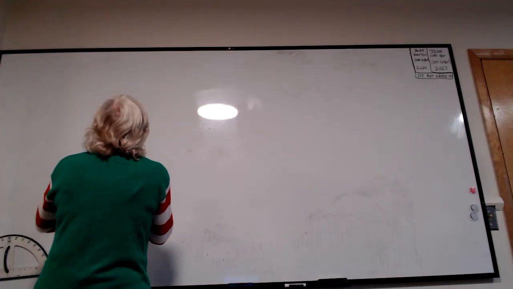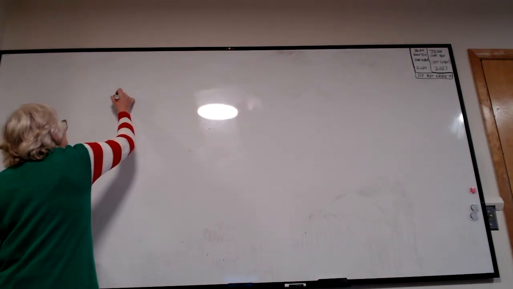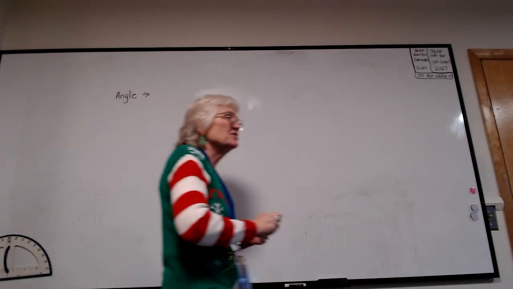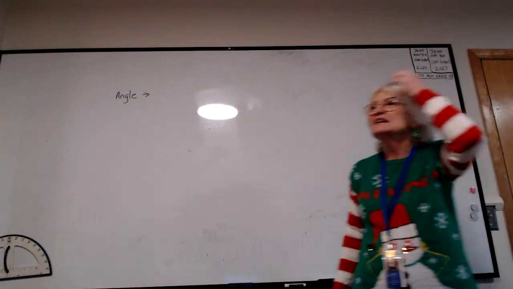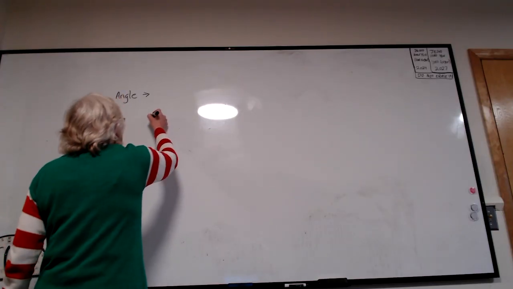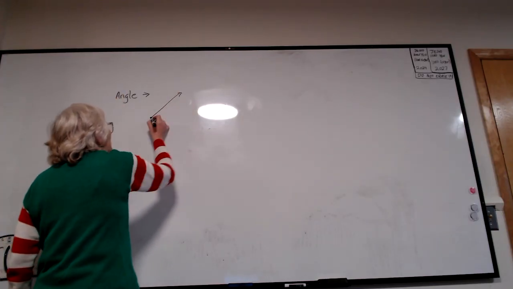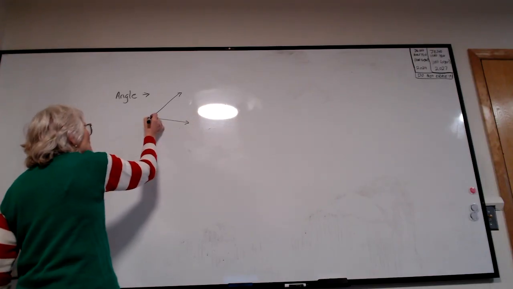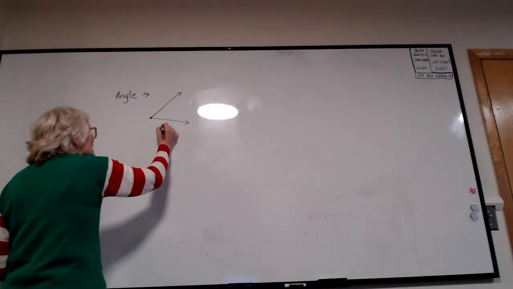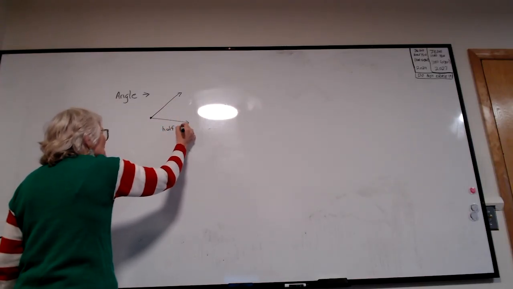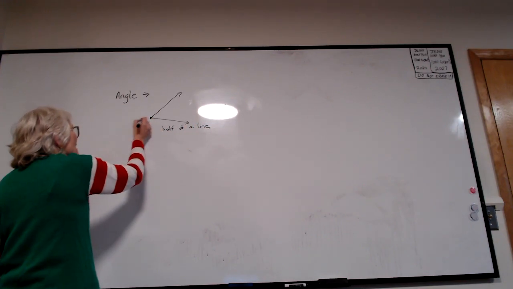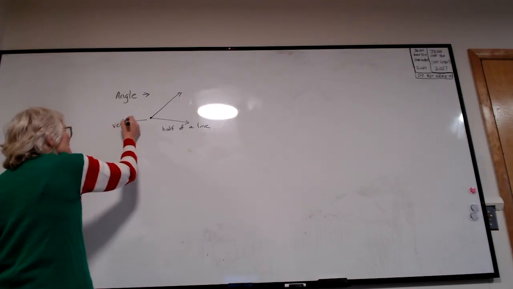Okay, the next basic unit is called an angle. I'm not going to go into the two different parts, but basically it's made up of two half lines. It's the intersection of half lines like this. So they have one common endpoint. These are basically half of a line, and they intersect at a point that's called the vertex.